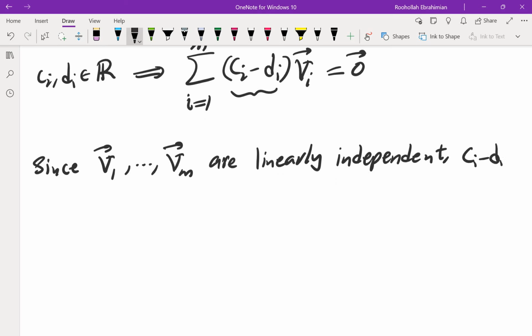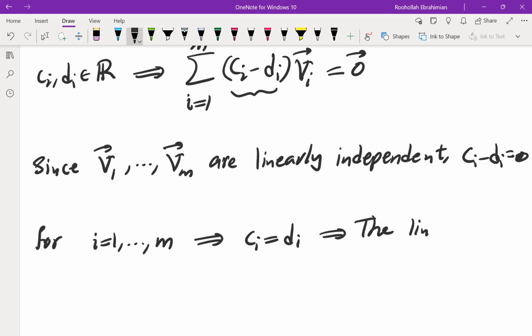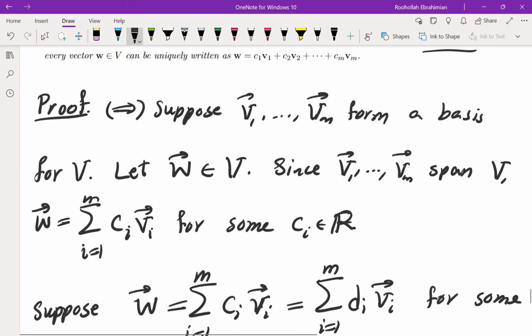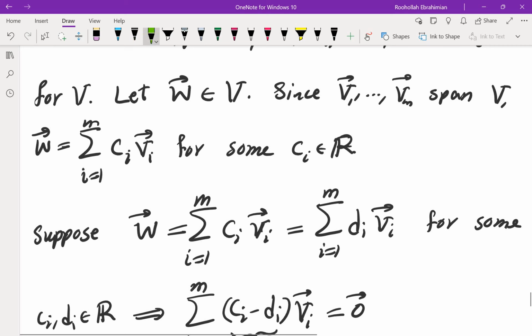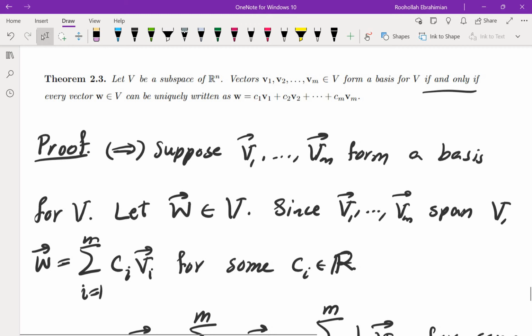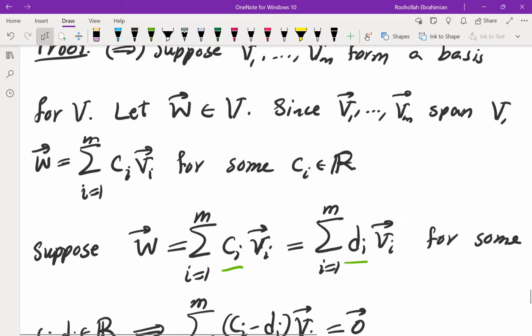So ci minus di must be 0 for all i from 1 to m. And that tells us that ci must be equal to di, which means the linear combination is unique, because we started from two linear combinations and then we showed that they have to have the same coefficients. These two coefficients, ci and di, must be the same. So we showed every vector can be written as a linear combination of those vectors and the representation is unique.